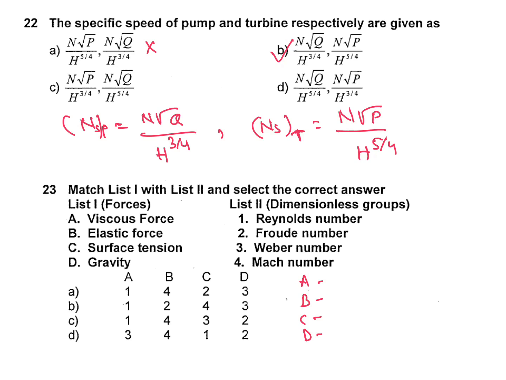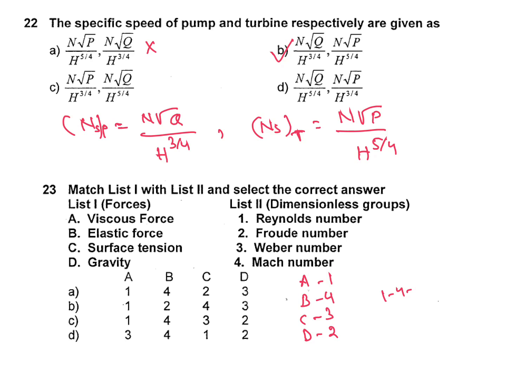Then elastic force is for Mach number, this is 4. Then surface tension for Weber number. Then gravity is for Froude number, 2. So 1, 4, 3, 2. C is our answer.